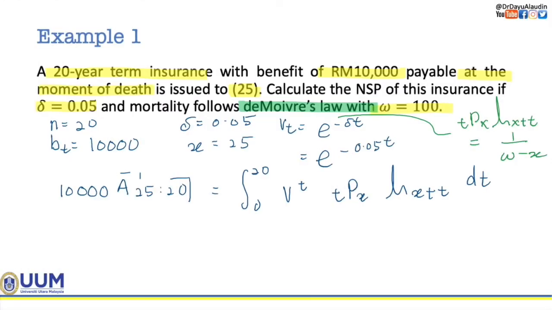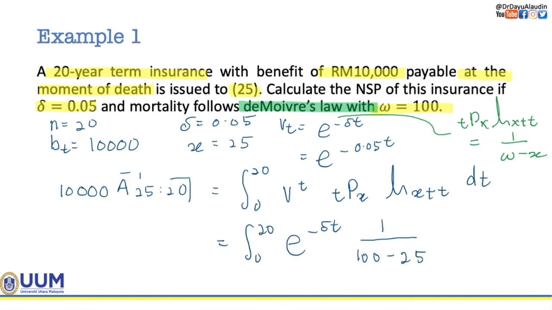So this is how we write the notation. 10,000 times this notation. So it represents the continuous. This is for term, this is for each, and this is for n. And the boundaries are from 0 to 20, Vt times TPX mu x plus T dt.